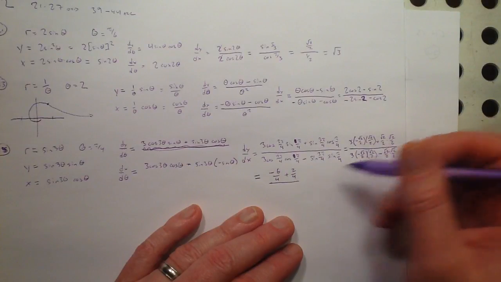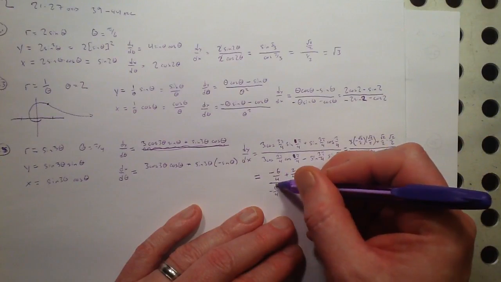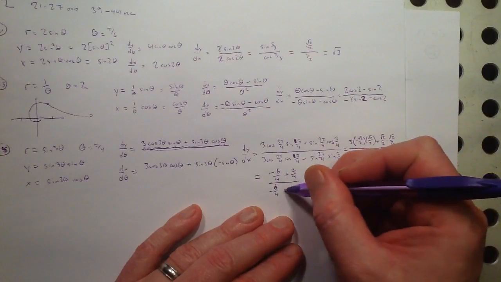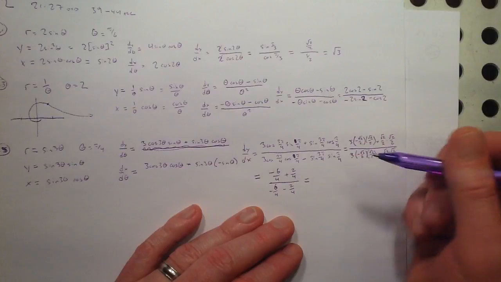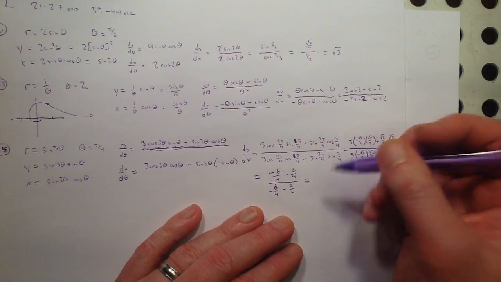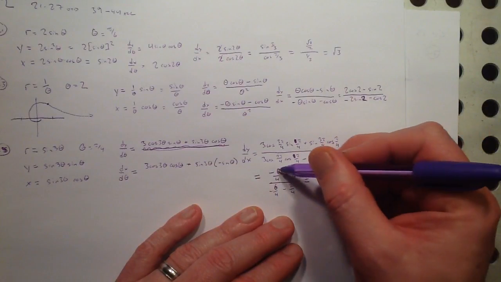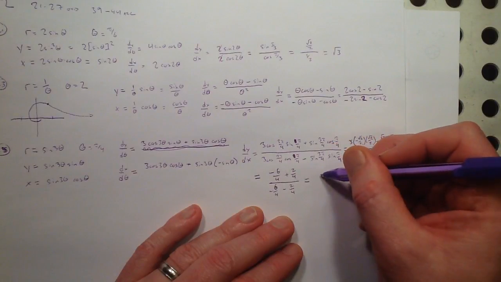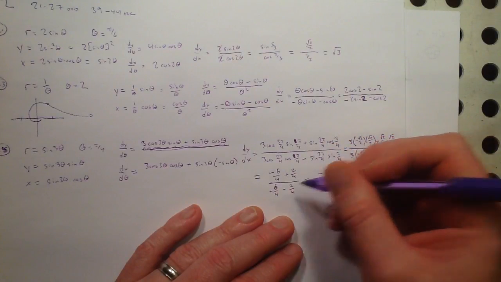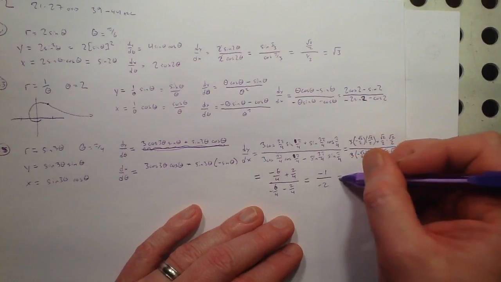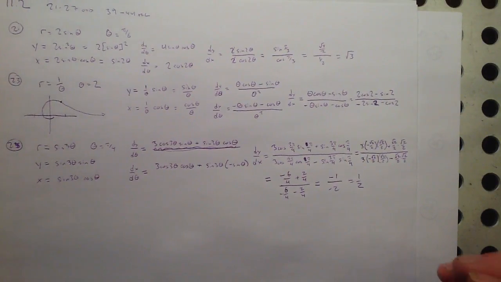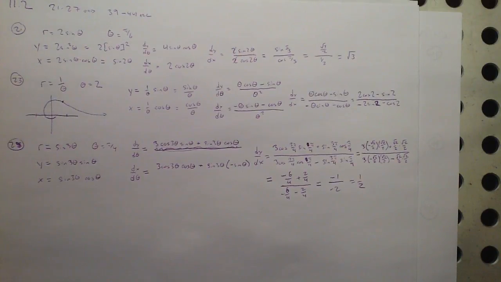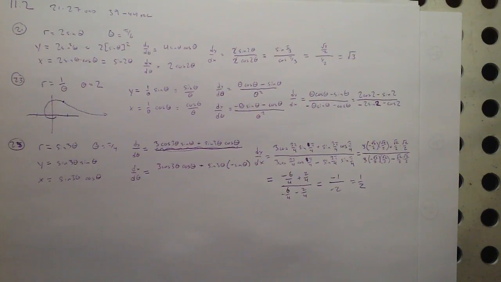And then this is the same thing, negative 6 over 4 again, and then minus 2 over 4. So actually it's pretty easy to leave them like this, isn't it? That's negative 6 plus 2 is negative 4, so that'd be negative 1 on the top, and that's negative 2 on the bottom. So that looks like it should come out to be 1/2 if I didn't mess anything up there. Let's just check that. 25 is 1/2. Yay!